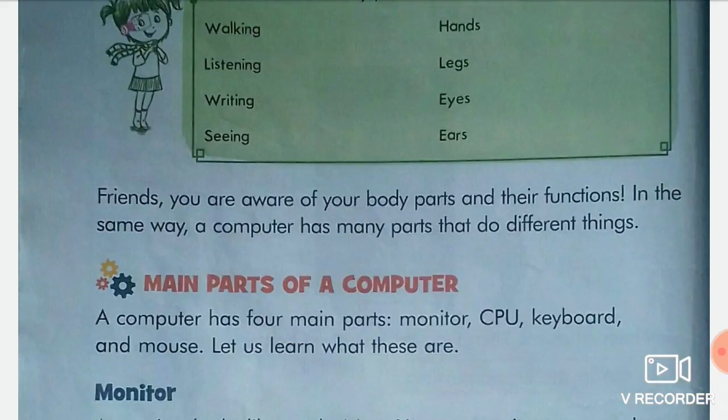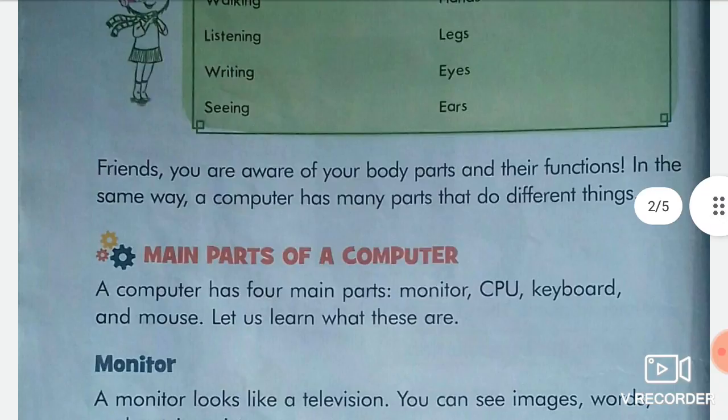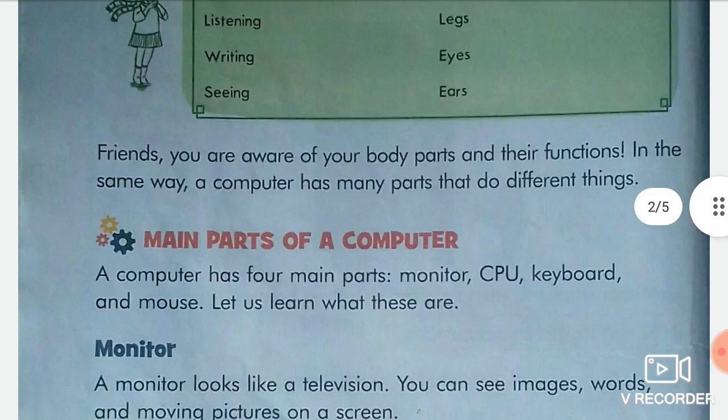In today's chapter, chapter 3, we will learn about the different parts of a computer that do different kinds of work. We will also learn their works in this chapter.